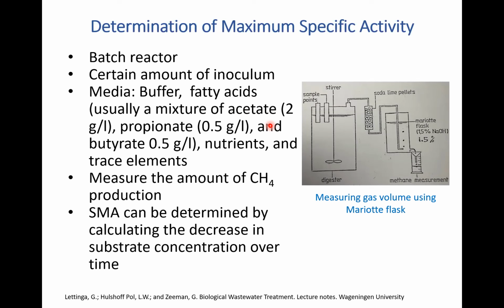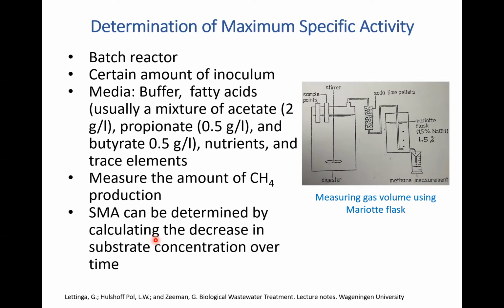Over time, we measure the amount of methane, as I mentioned, by Marriott flask, and there is a video for liquid displacement, or in another system for measuring the methane production over a period of time. Also, the specific methanogenic activity can be determined by calculating the decrease in substrate concentration over time. So you can calculate the specific activity based on the methane produced or based on the reduction in the substrate. In this case, you would need to determine the composition of the media in terms of acetate, propionate, and butyrate.